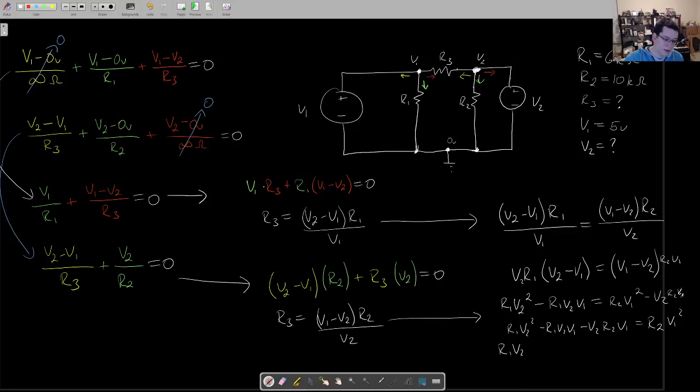R1 V2 squared minus, we got a V2 and a V2, and that needs to be a plus because we subtracted it from this side, so we got to add to both sides. That's plus.